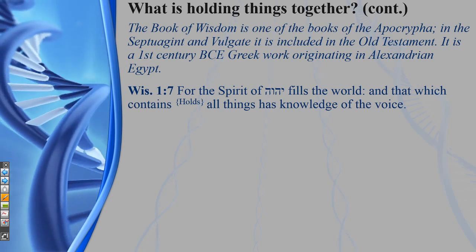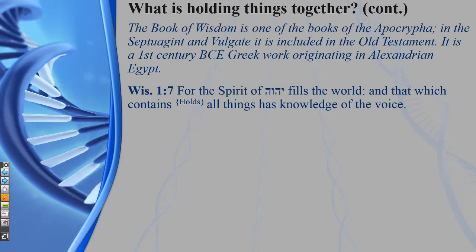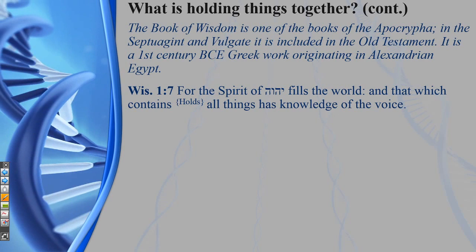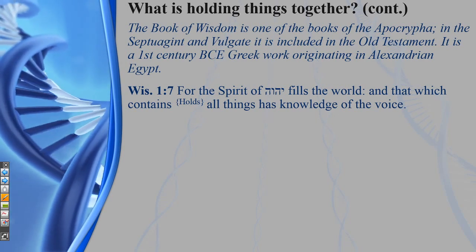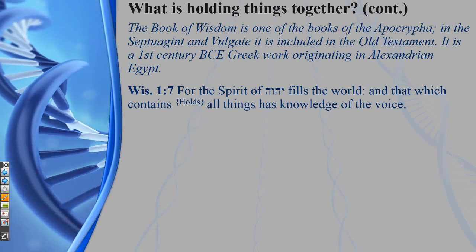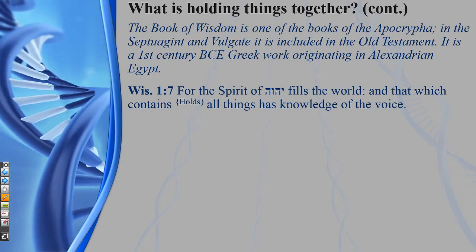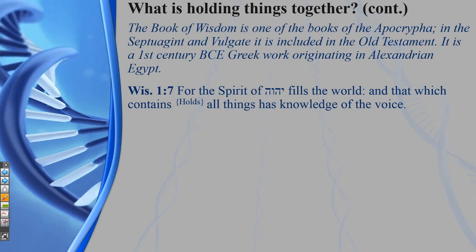But anyway, the Book of Wisdom is one of the books of the Apocrypha in the Septuagint, which is very old, the 1st century BC Greek works that originated in Alexandria in Egypt. But this is what it says: "For the Spirit of Yahuah fills the world, and that which contains or holds all things has knowledge of the voice." Okay? Still the same.